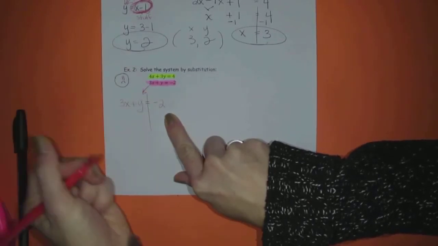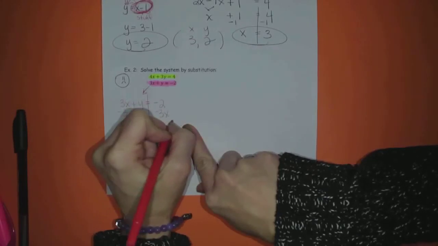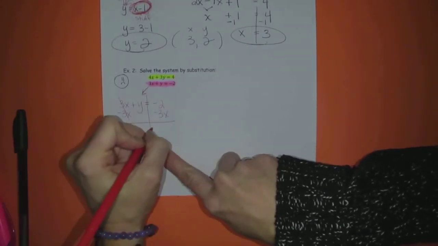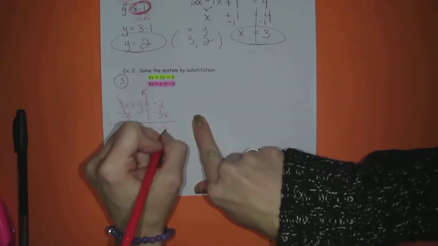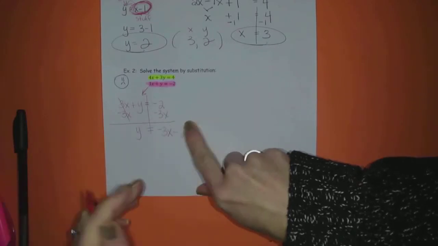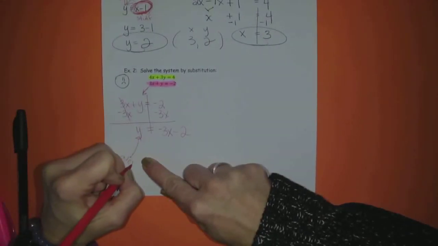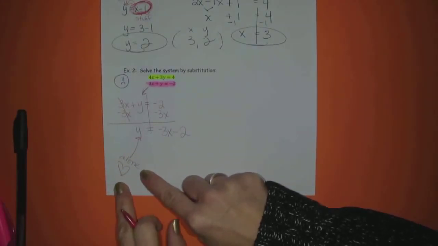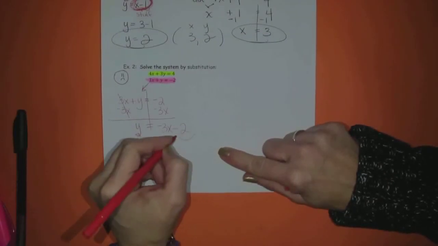Now, I'm going to subtract the 3x from both sides, cancel those out. That gives me y equals -3x minus 2. You see how y is alone? I'm going to heart that. That's what we want, aloneness, because now we can call the right side the stuff.